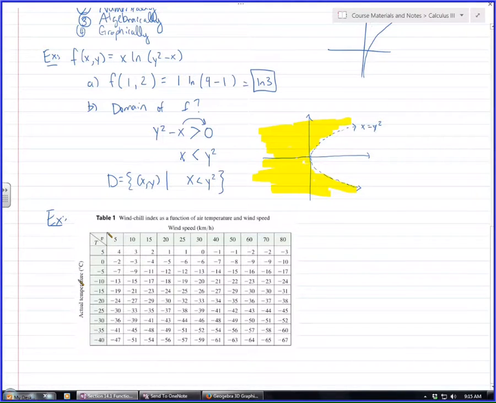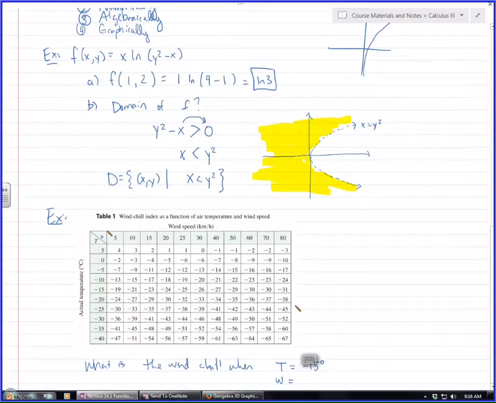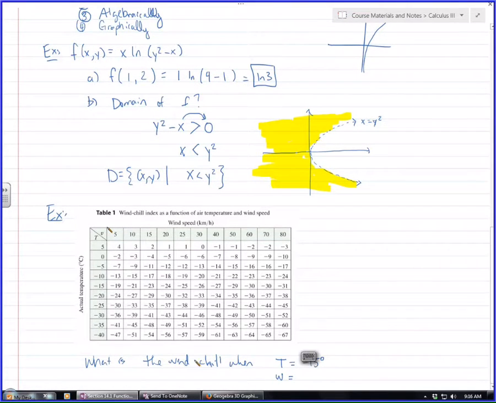But if I were to ask you what's the wind chill when the temperature is, say, negative 15 degrees, and the wind speed is 30 kilometers per hour.